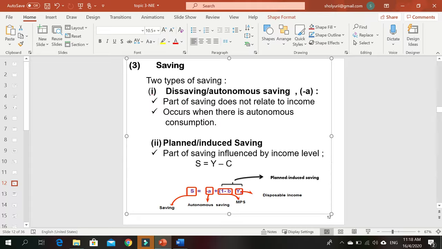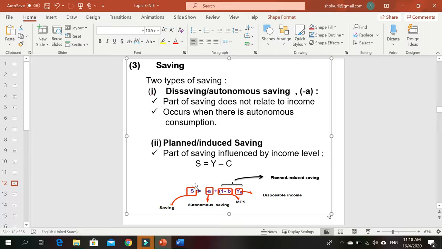Tadi kalau consumption pun kita ada planned ataupun induced consumption kan. Same here. Kalau kita ada duit lebih lagi, kita boleh rancang daripada income kita tu berapa banyak untuk disimpan. And this saving, planned ataupun induced ni, is influenced by level of income. So, maksudnya dia bergantung kepada jumlah pendapatan.